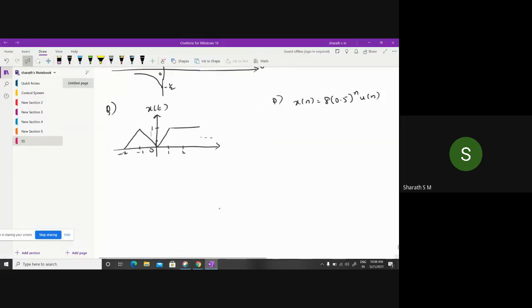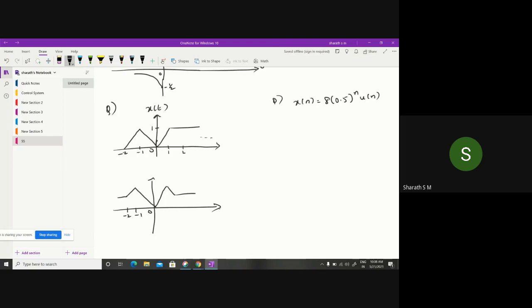So the final even signal looks like this. This is the even part. -2, -1, 0, 1, 2, and so on.